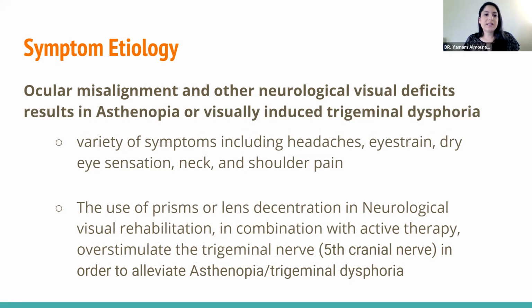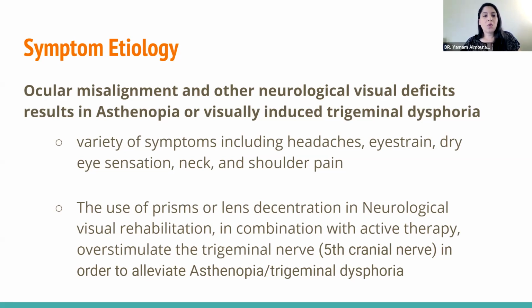Neurological visual deficits as well cause asthenopia or visually induced trigeminal dysphoria. The symptoms that are put under the umbrella of asthenopia include headaches, eye strain, dry eye sensation, neck and shoulder pain, a lot of your eyes feeling overworked, not being able to be on the screen or doing near work for more than about 15 minutes before feeling these pains, sometimes less.